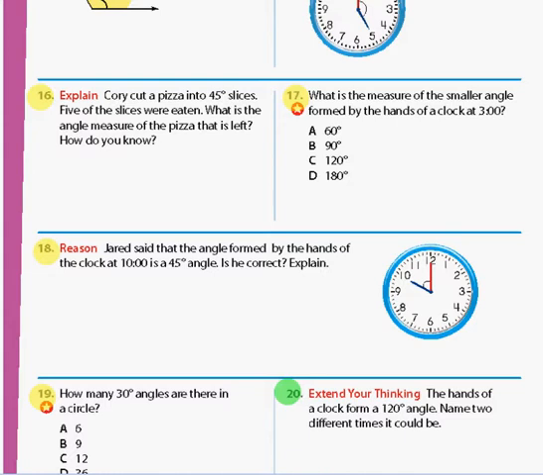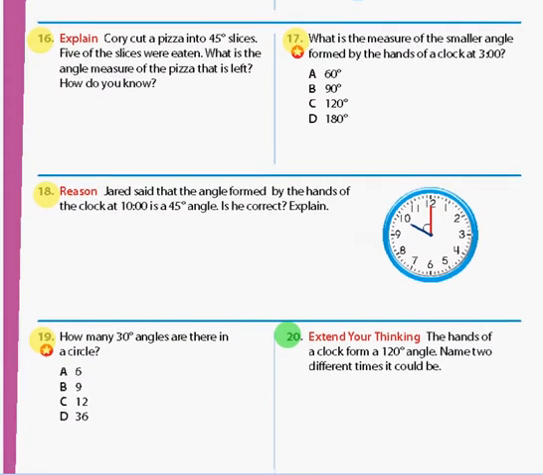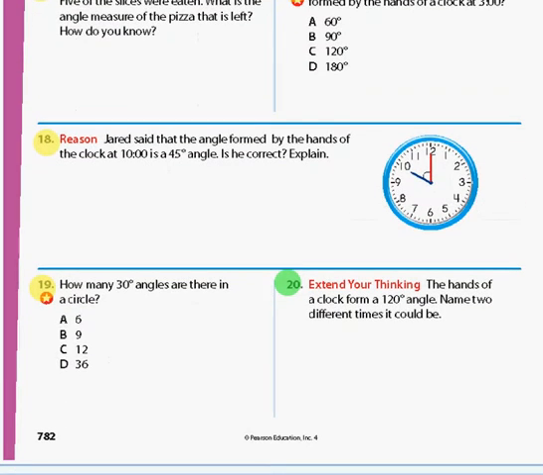What is the angle measure of the pizza that is left, and how do you know? Question 17. What is the measure of the small angle formed by the hands of the clock at 3 o'clock? Question 18. Jared said that the angle formed by the hands of the clock at 10 o'clock is 45 degrees. Is he correct, and explain?